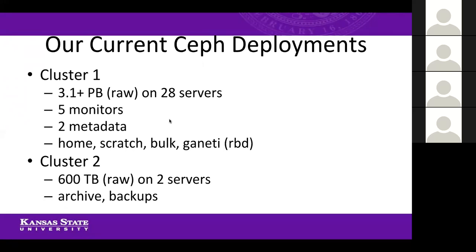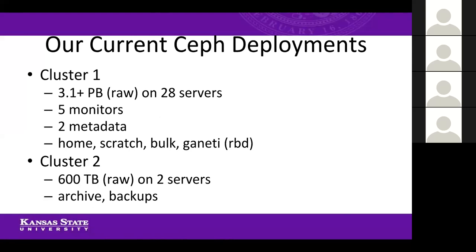Somebody asked about hardware, what we have on there. Of our 28 servers, 26 are Dell XD 730s with 16 drives apiece in them. The first 24 of those have a combination of 6 and 4 terabyte drives because that's what we got at the time.